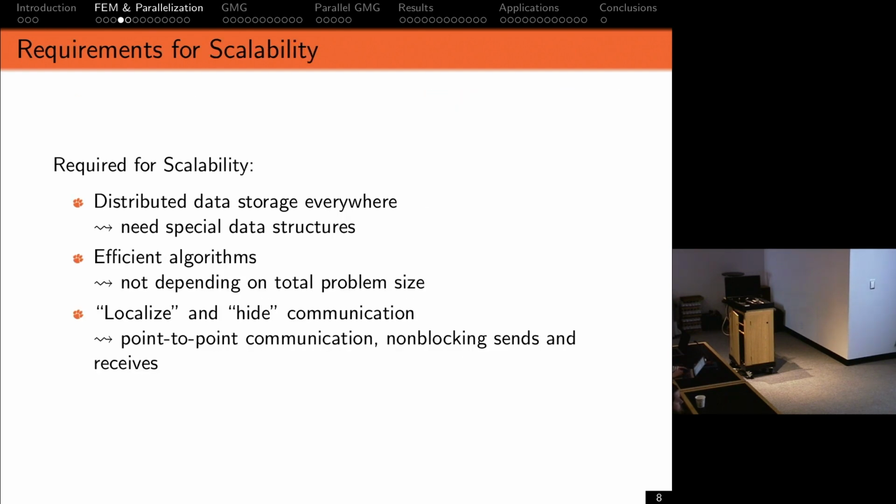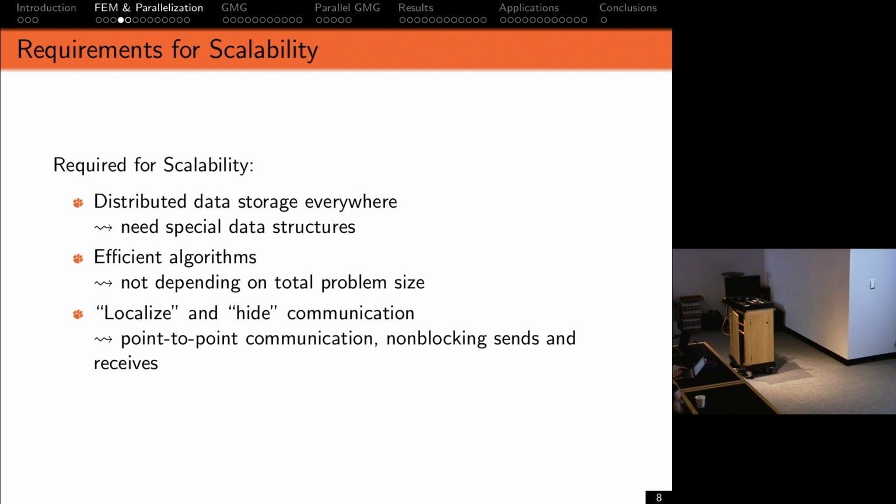So when you think about this scaling to hundreds or thousands or 10,000s or 100,000s of cores, what you need to do is obviously distribute all the data storage. So every data structure you have to figure out how do you distribute it, and how do you still manage to express everything that you need to express.